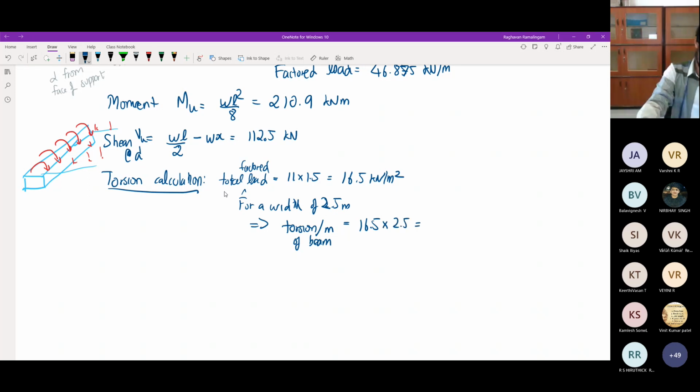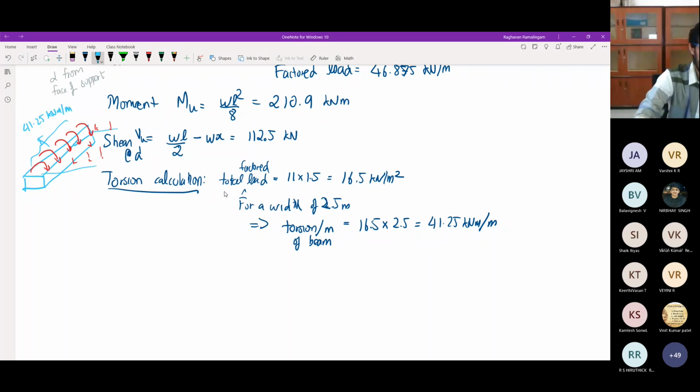About 40. How much is this? 41.25 kilonewton meter per meter, meaning that this whole torsion which you have over here is 41.25 kilonewton meter per meter.